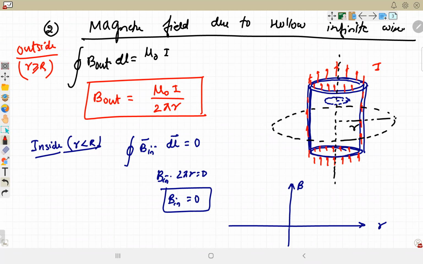In between it is 0, outside it is inversely proportional to r.